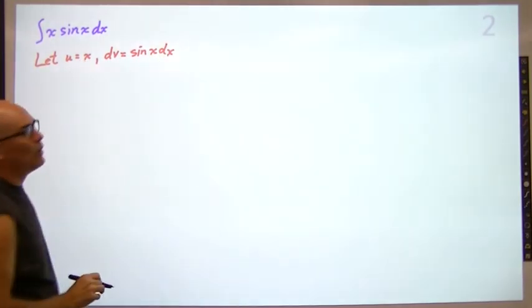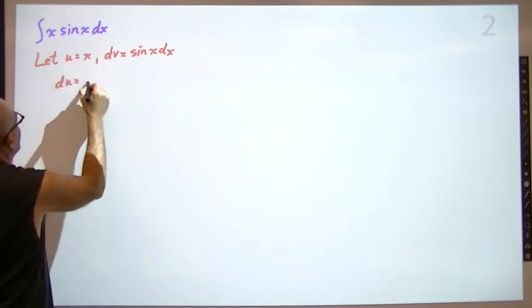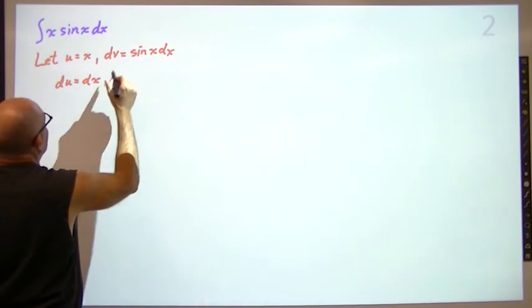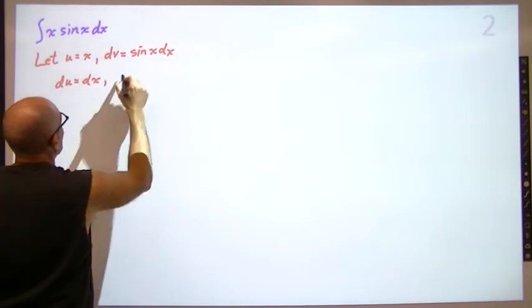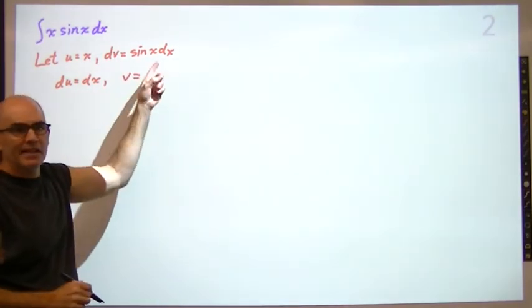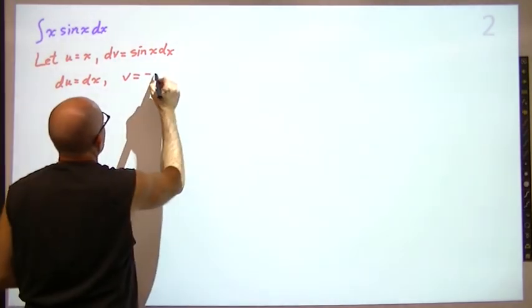Now, if u equals x, then du equals dx. And if dv equals sine x dx, we want to find out what v is, so we integrate sine. And the integral of sine is negative cosine.